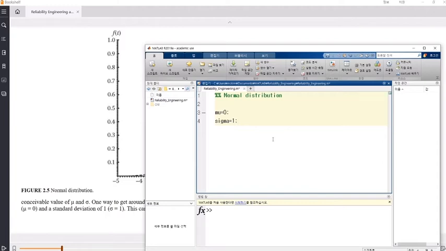So now I provided the mean value and standard deviation that are the same as those of the standard normal distribution. Of course, we may change that. To draw a graph, I'm going to set x starting from -3, with interval 0.001, until x becomes 3. Y is given as the normal probability distribution function.